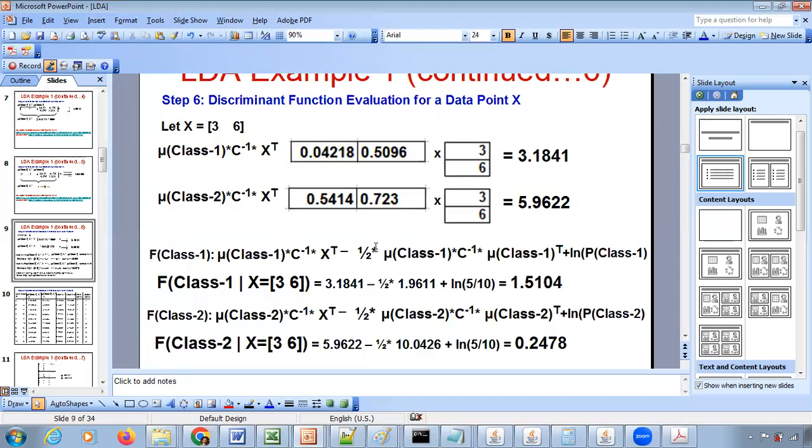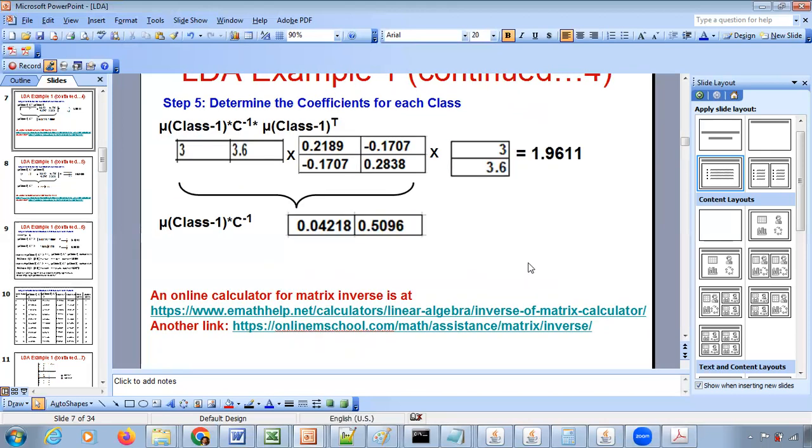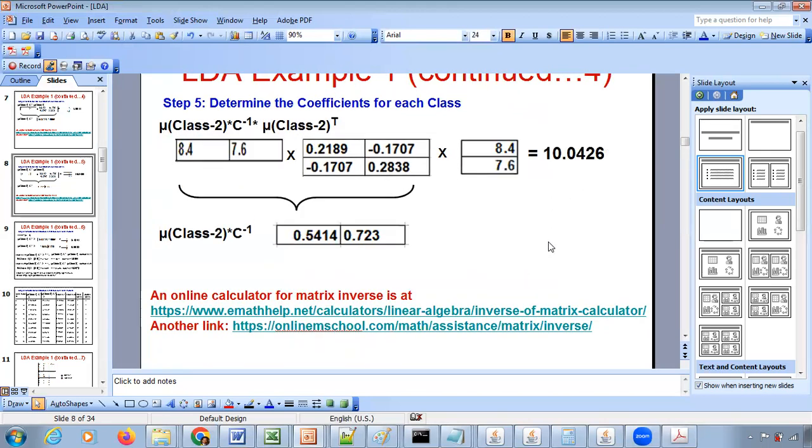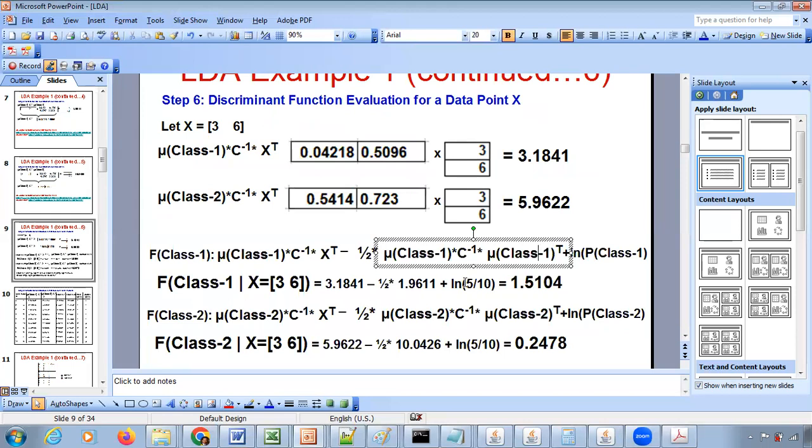So to get the first term, we got this 3.1841 minus half of this value that we got with the means, which is 1.9611. Okay, plus this is like a tiebreaker thing that we use in the F formula, the logarithm of the probability for class 1, and this is natural logarithm, so base E.